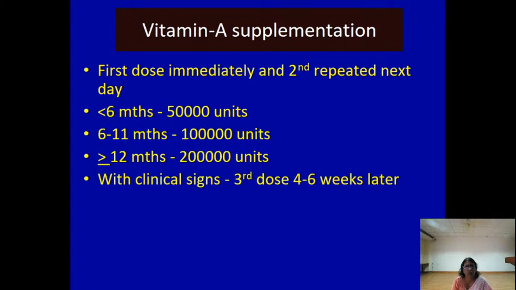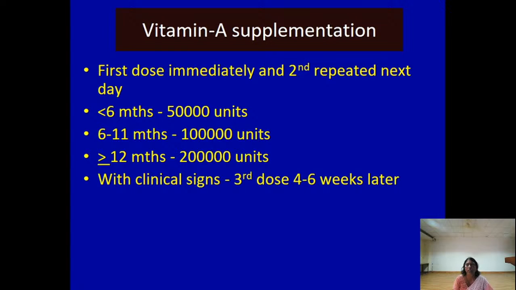So, whenever you come across a case of measles, what you have to do is, as a part of treatment, you have to supplement vitamin A for the child, 2 doses. So, why we have to give vitamin A?